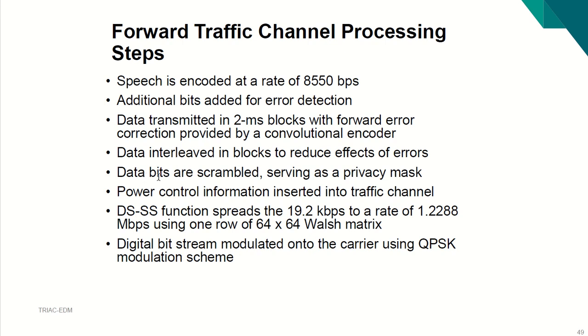And data bits are scrambled, serving as a privacy mask. Interleaving is also one kind of scrambling. Scrambling requires a mapping. For example, you put your first bit at the third location, you put your third bit at the fifth location.